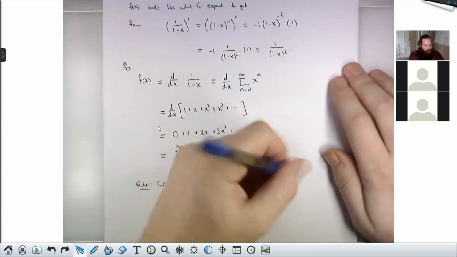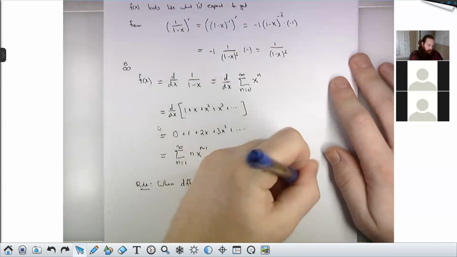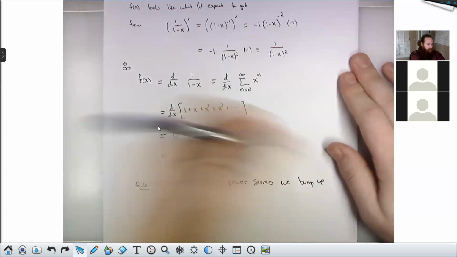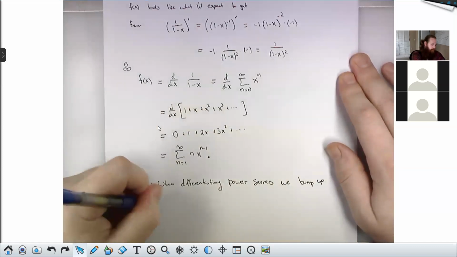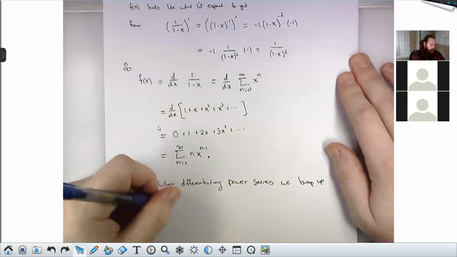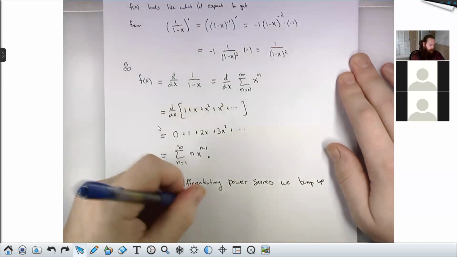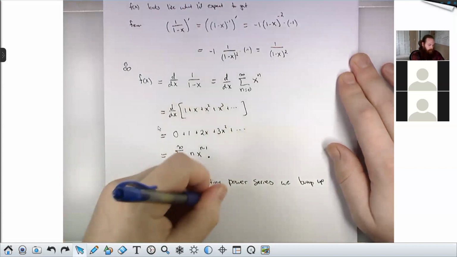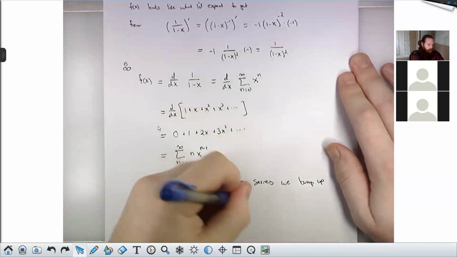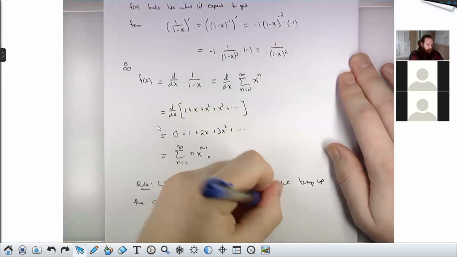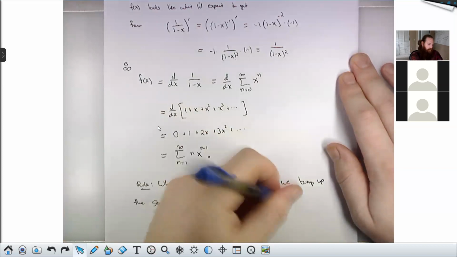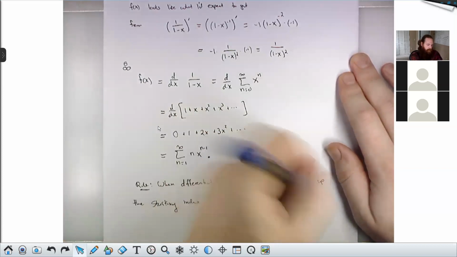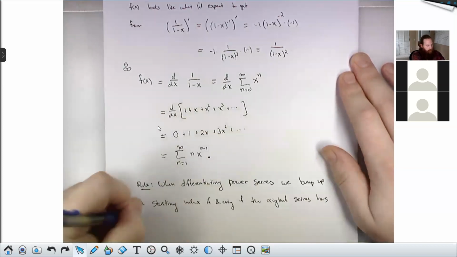When differentiating power series, we bump up the starting index if and only if the original series has a constant term.